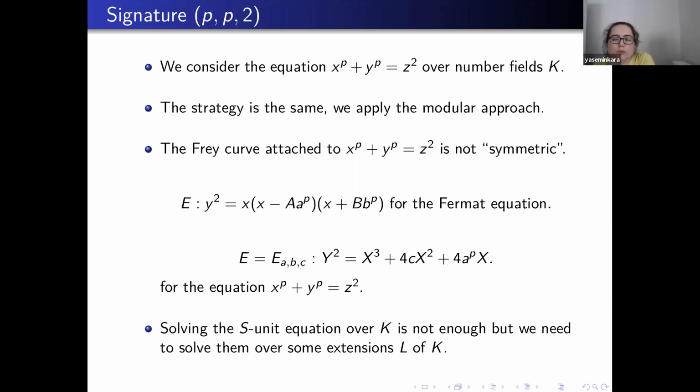But instead of the rationals, we wanted to look at any number field, and see whether we can use the same strategy here.